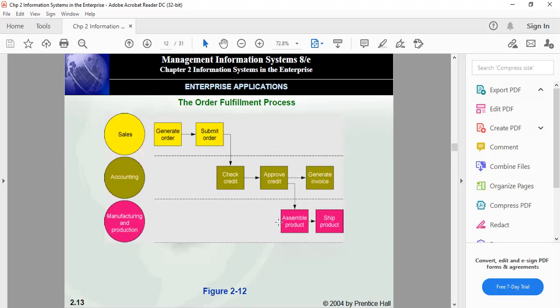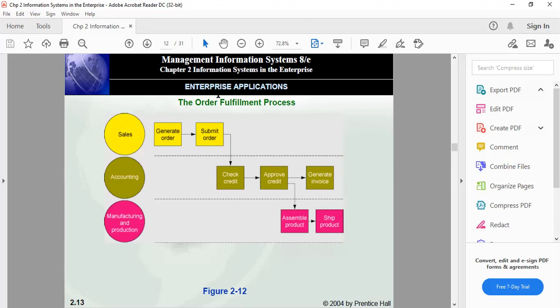And then we assemble the product for manufacturing and production. So accounting later on, after the sale, of course, because the product has been assembled and shipped, would also generate the invoice. So overall, these three functional departments are involved in the order fulfillment process.